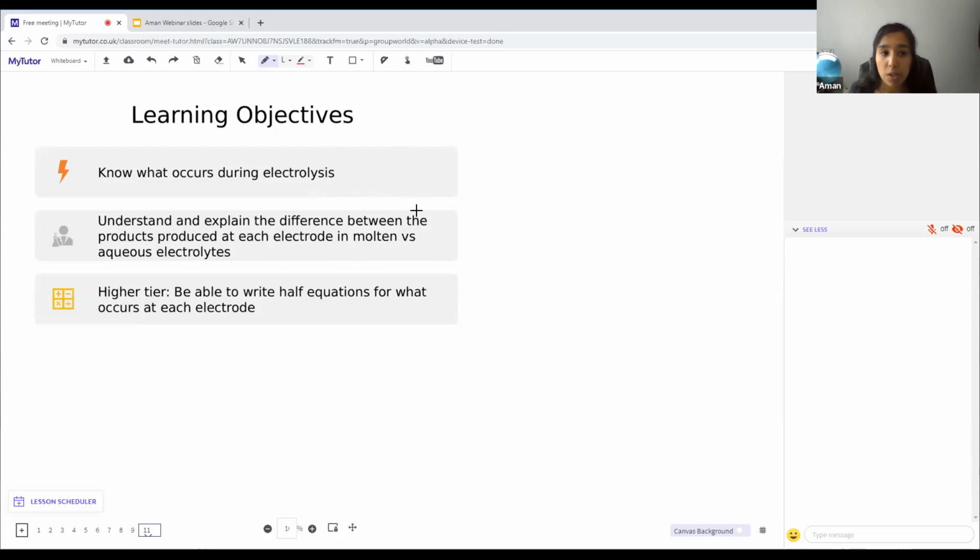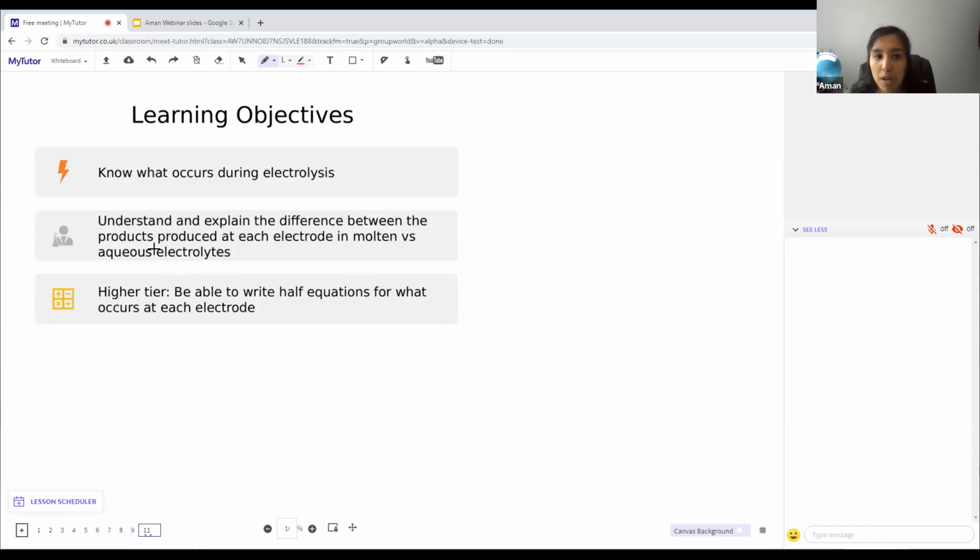Understand and explain the difference between the products produced at each electrode in molten versus aqueous electrolytes. Again, we've been over that today. Our example of molten was aluminium oxide. Our example of aqueous was brine. In molten electrolysis, we produce essentially what is in the compound that we're doing electrolysis on. Your metal ions will go to the cathode and your non-metal will go to the anode.